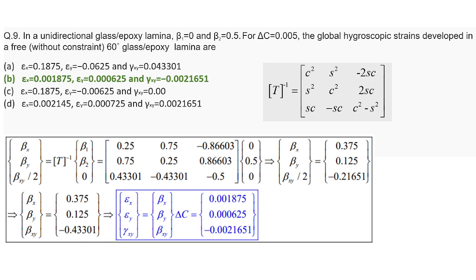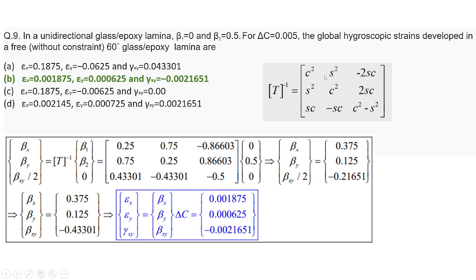As you can see in the options, they are asking for the global hygroscopic strains. That is, we have to find the values in the global axis, and the values which are given of beta 1 and beta 2 are in the principal axis. So again, we will use the transforming matrix. By multiplying this matrix with the principal axis coefficients, we can get the coefficients in the global axis: beta x, beta y, and beta xy by 2.